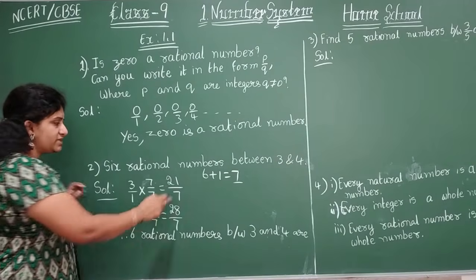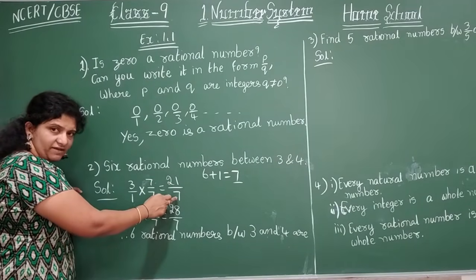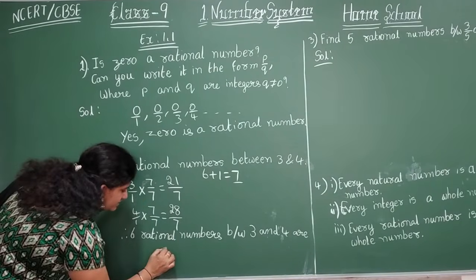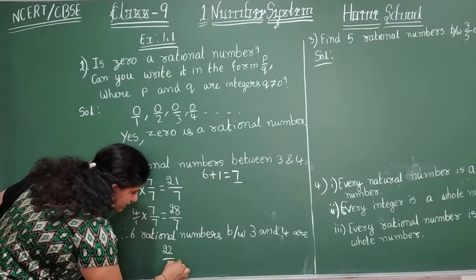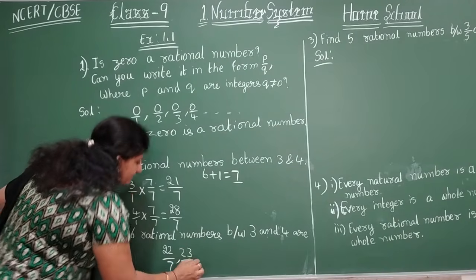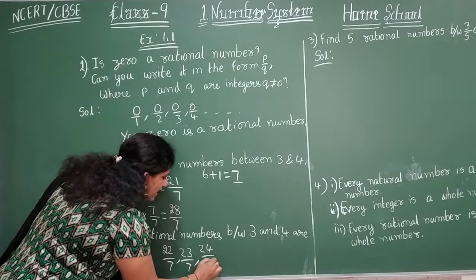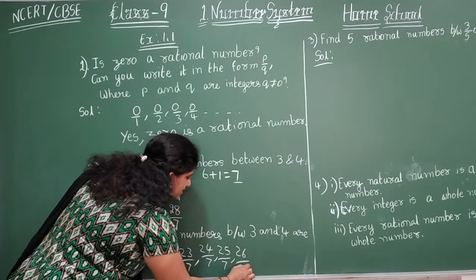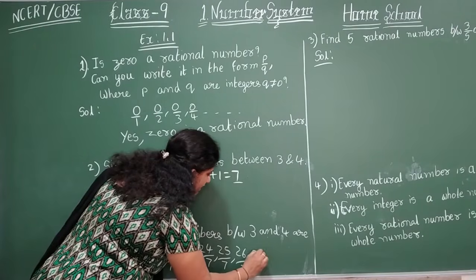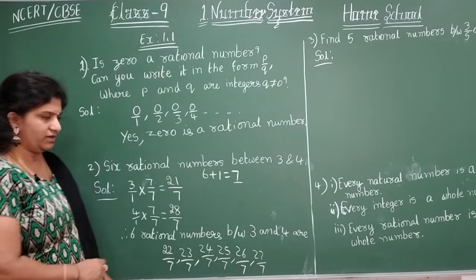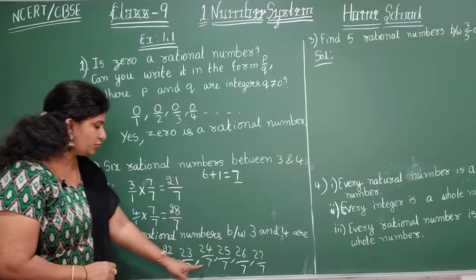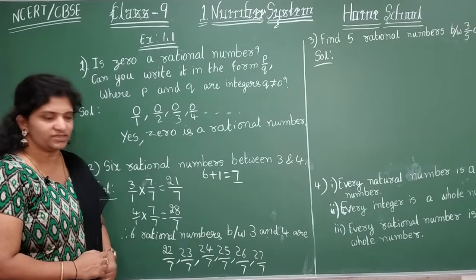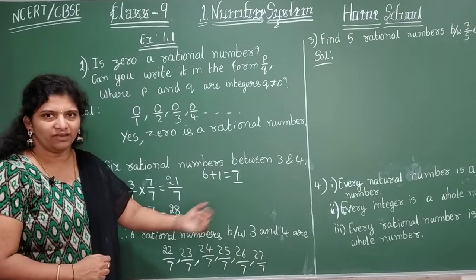After 21 by 7, see here, go on increasing your numerator. That is 22 by 7, 23 by 7, 24 by 7, 25 by 7, 26 by 7, and last 27 by 7. See, children, 1, 2, 3, 4, 5, 6. There are 6 rational numbers in between 3 and 4.